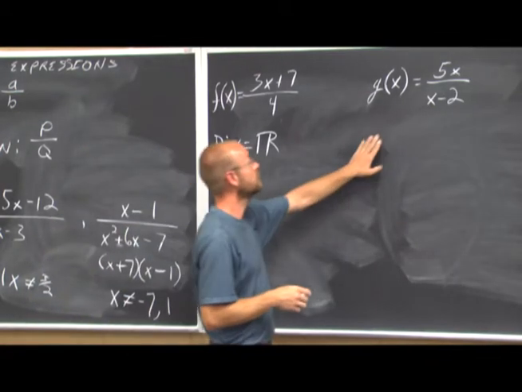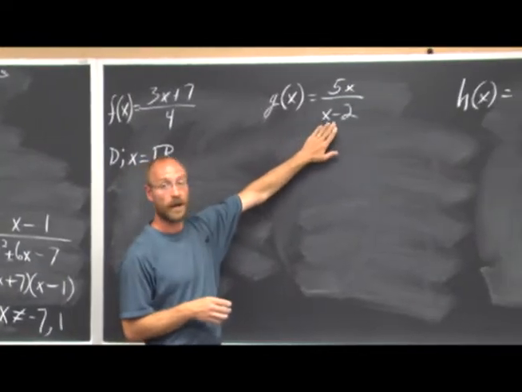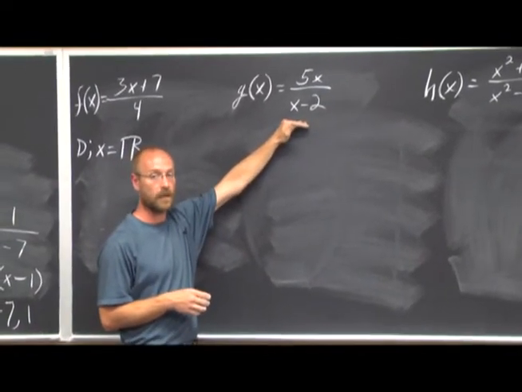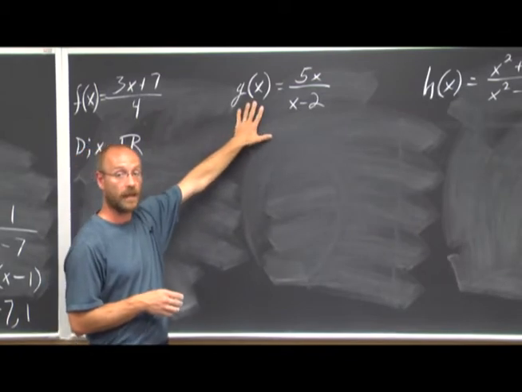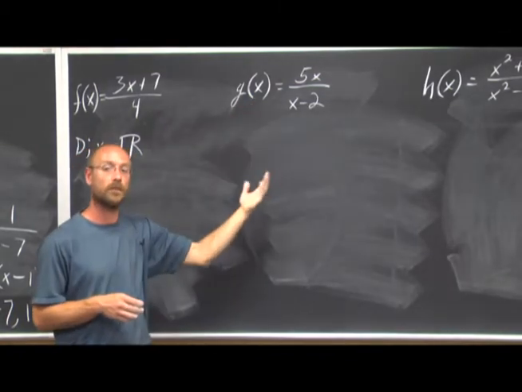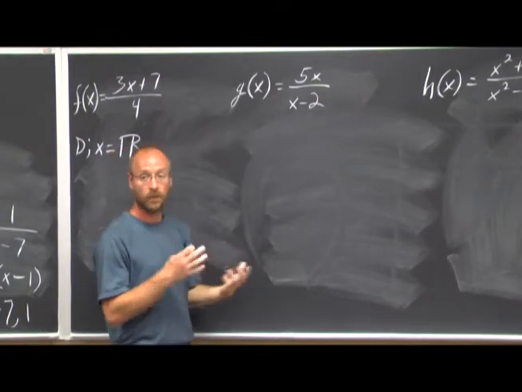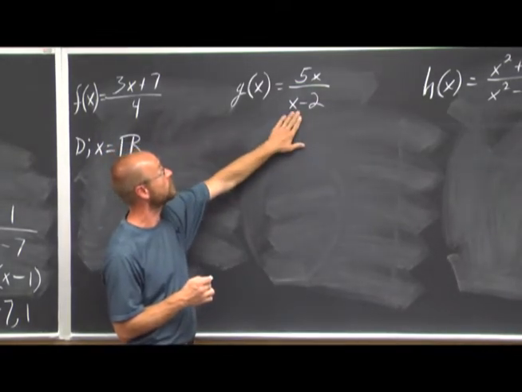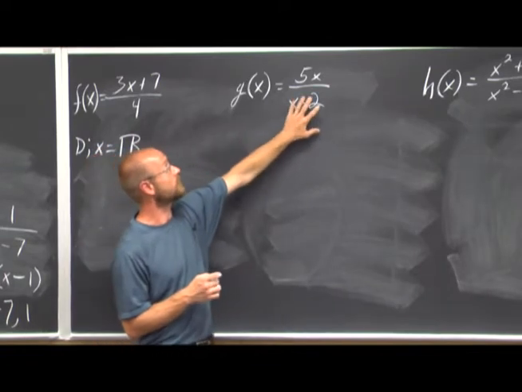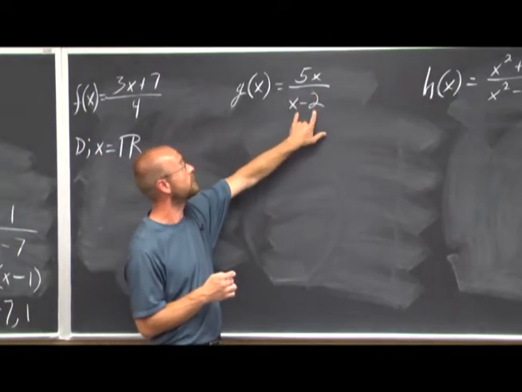Now, moving on to the next example. Now we can see there is an x in the denominator. So we have to ask, what are the values of x I can't put into this function? What is the domain of the function? And hopefully we recall finding domain in previous algebra classes. If I look at this, this is just a linear factor here.